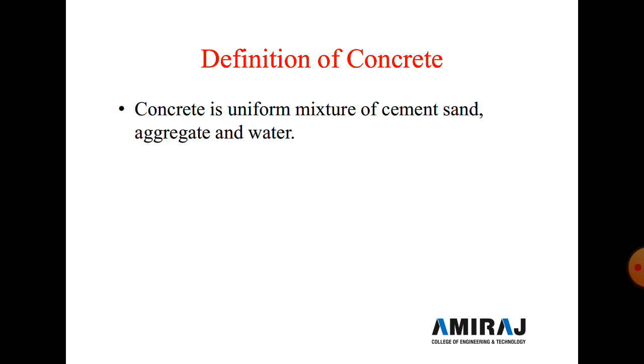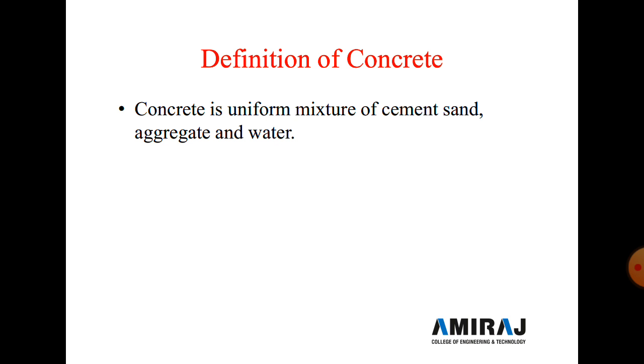Now, the definition of concrete. Concrete is defined as a uniform mixture of cement, sand, aggregate and water in a prescribed proportion, which sets, hardens and acquires strength over a period of time.